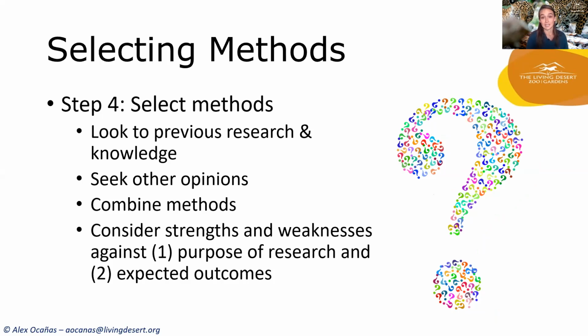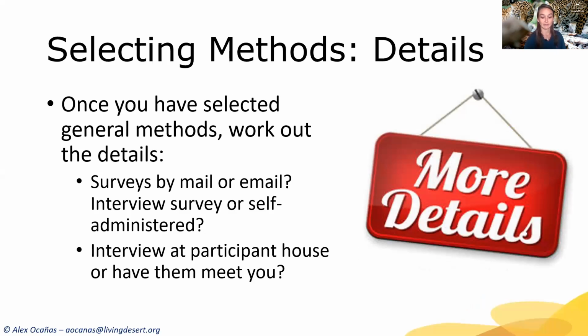And I think really take your time on this and consider the strengths and weaknesses of each method and how those strengths and weaknesses are going to relate to the purpose of your research, relate to the expected outcomes, and how they will relate to your ability to collect the data that you need for those two things. So kind of go through, like a thought exercise, go through them all and just see what's going to work well for you.